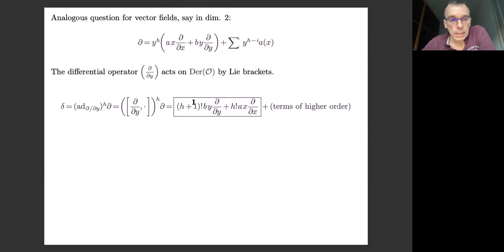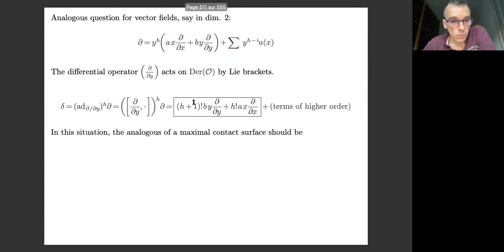But what should be the analogous of the maximal contact surface? Here, what I'm looking for is an invariant curve for this new derivation, delta, which should be of the form of a graph y equals some f of x.